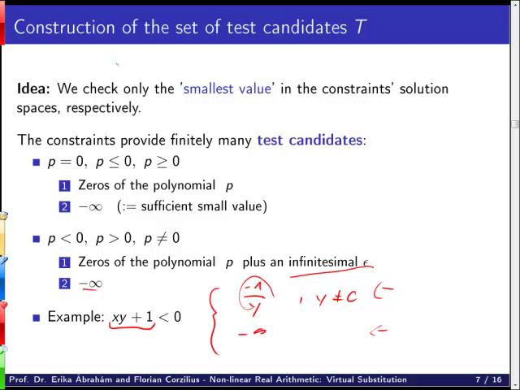And again, minus infinity. So for this example here, we have seen that the 0 is minus 1 divided by y, and there is one thing missing. If we put y in the denominator, then y must be not 0, sorry. So this is a side condition which also has to hold.